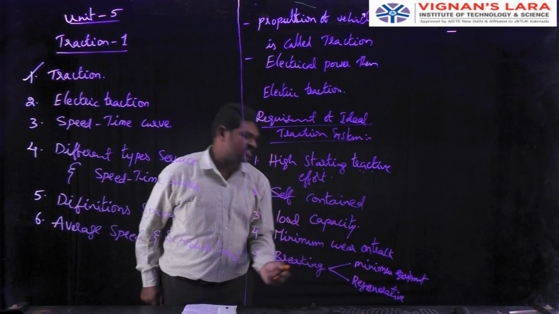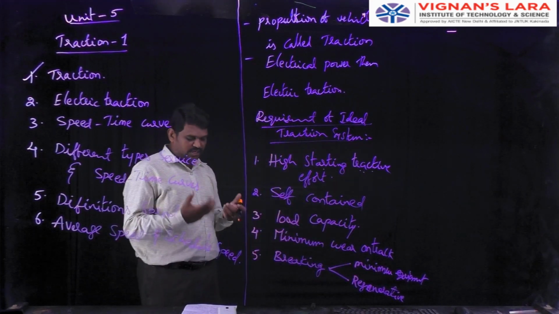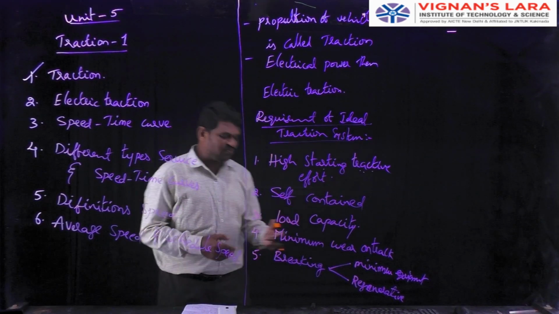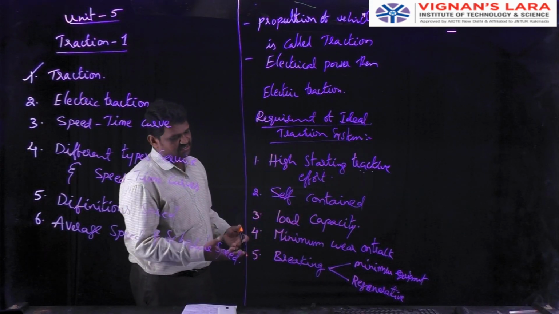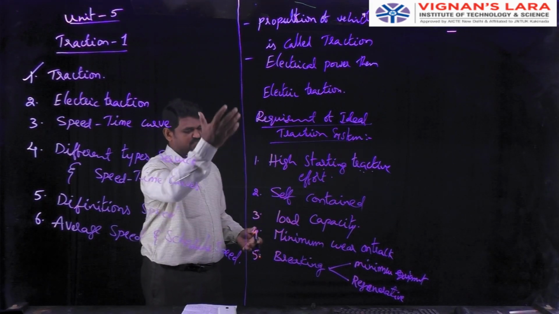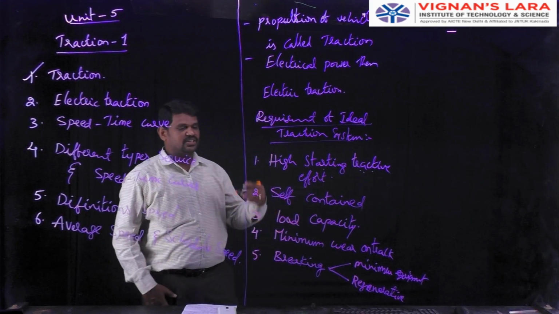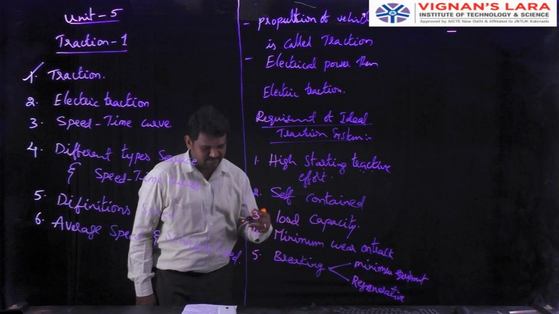The equipment used in the braking system should also be minimum, and if possible we generate electrical energy in braking and send it to the supply, so that the energy drawn from the system will be reduced.